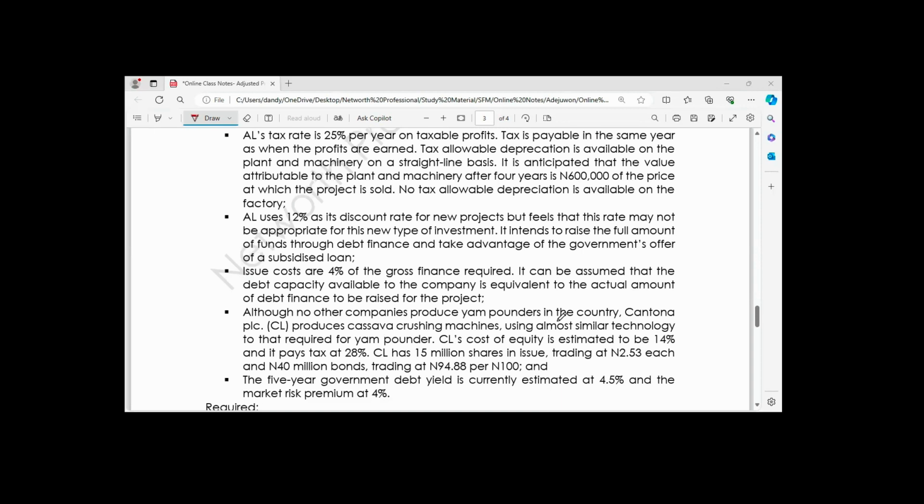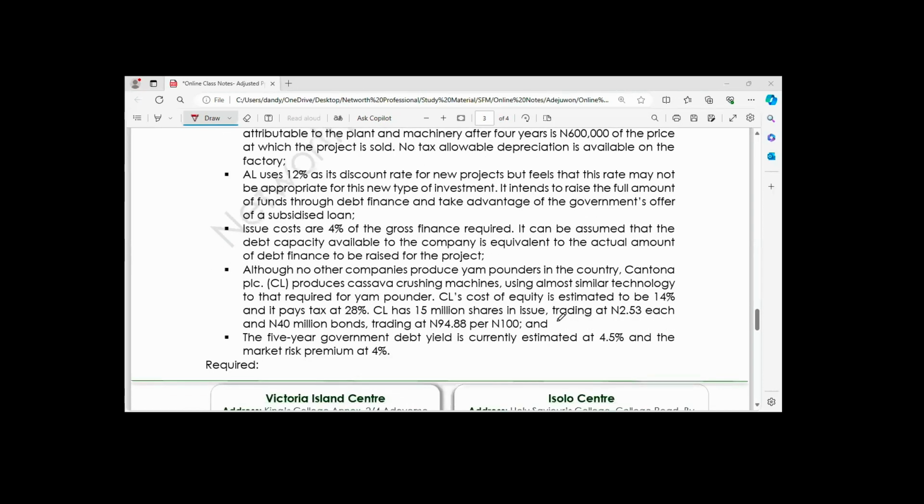CL has 15 million shares in issue, trading at 2.53 each, and 4 million bonds, trading at 94.88 per 100 naira. And the 5-year government debt yield is currently estimated at 4.5%, and the market rate is at 4% required.